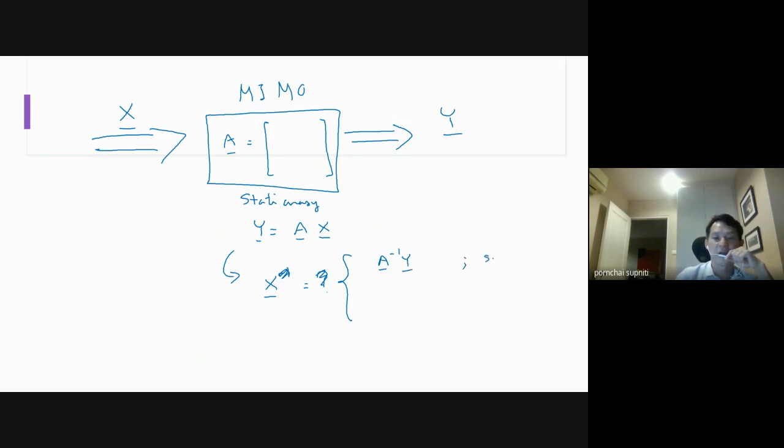If it's not square, then you cannot just do an inverse like that, but you can approach it other ways. That means we need to find the inverse often.